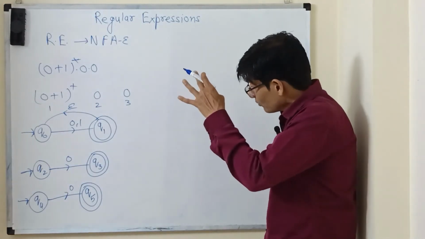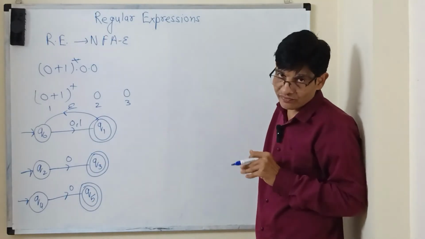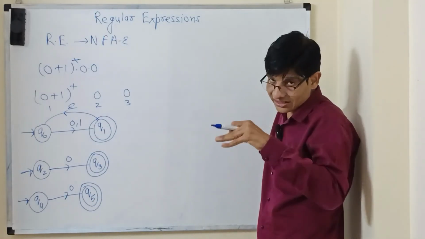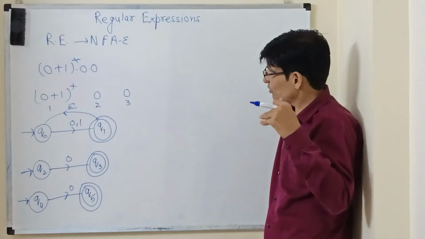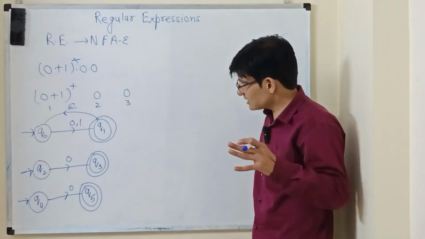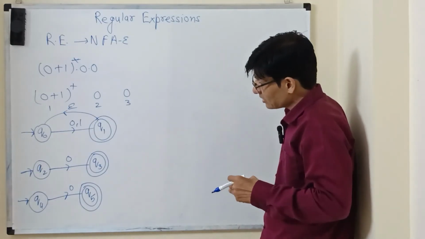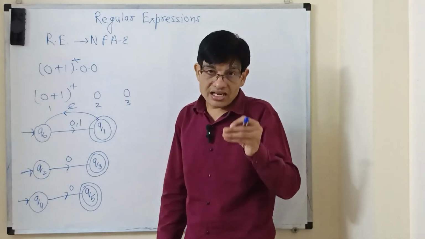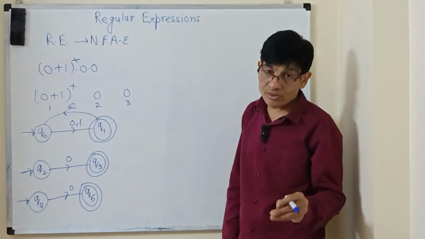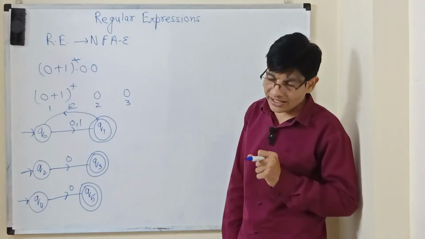Now we can combine all these machines with the help of epsilon transition, and the resultant machine would be the NFA with epsilon move. You can see, my friend, how we can connect them with epsilon transition, so that our NFA with epsilon move will have only a single initial state and only a single final state.